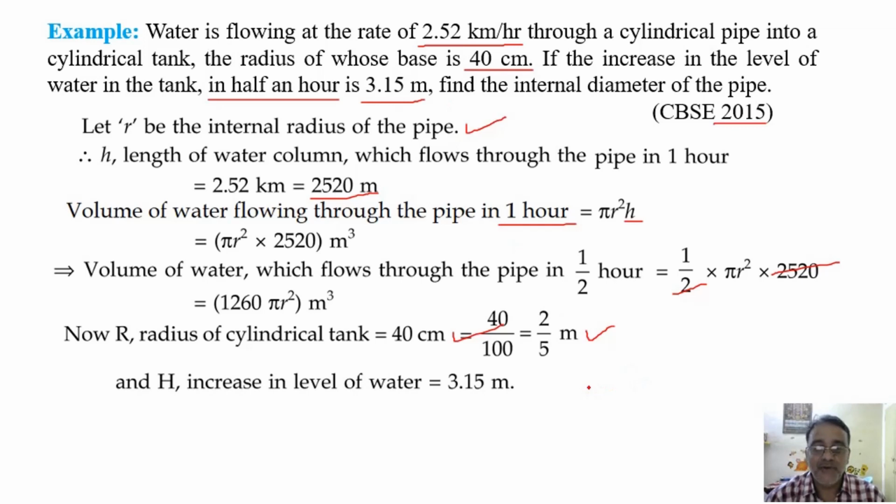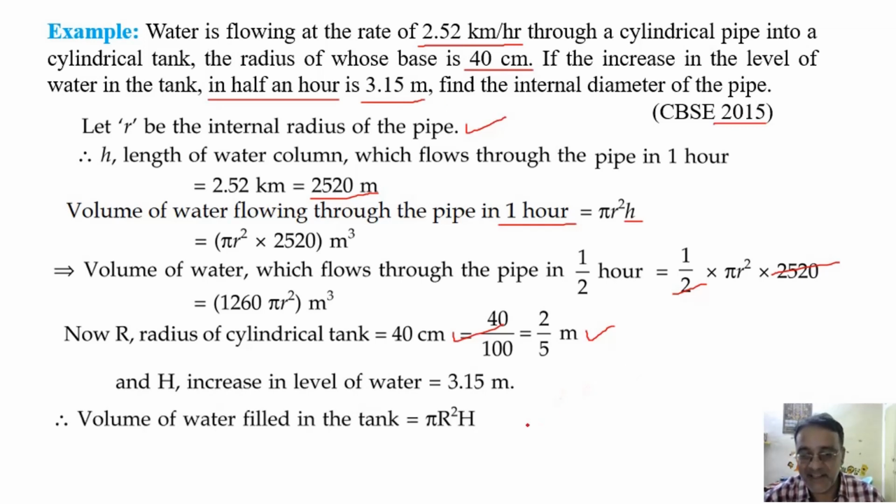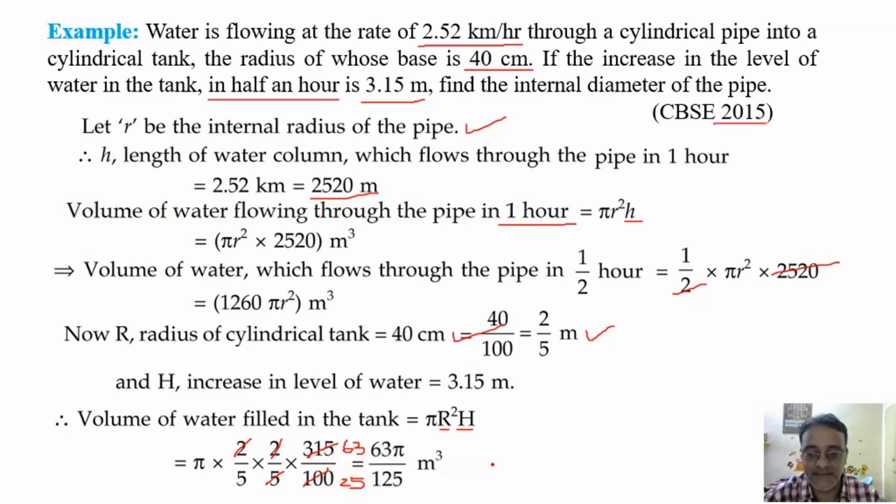So the volume of water filled in the tank is pi R square H. We'll keep pi as it is and substitute R and H, that is 2 by 5 into 2 by 5 into 315 by 100. So we can cancel this one, we'll get 63. Okay, and you can cancel these two also, 4 25. So 63 upon 125 pi.